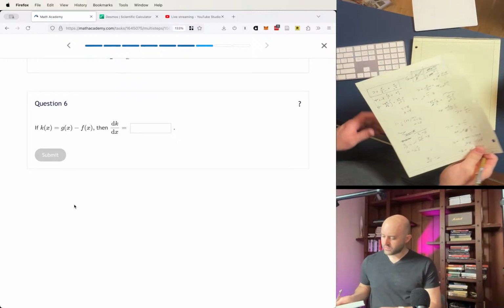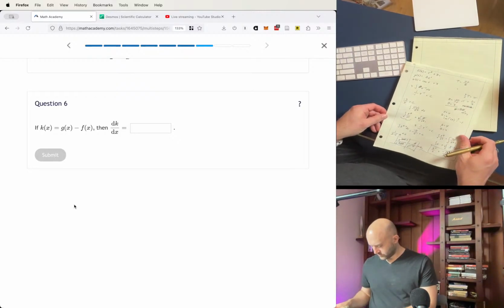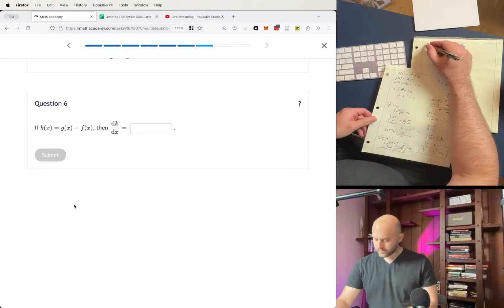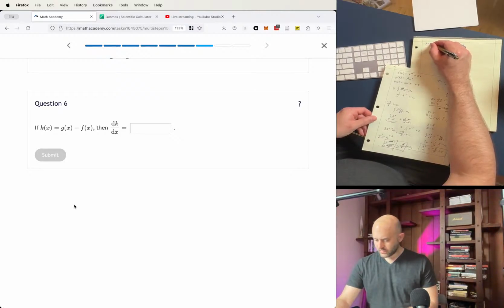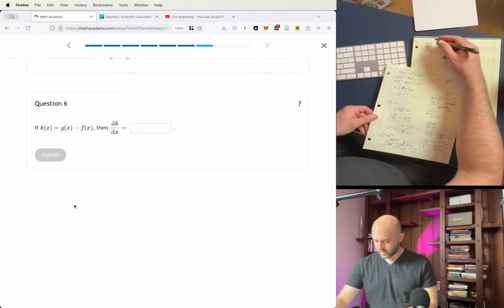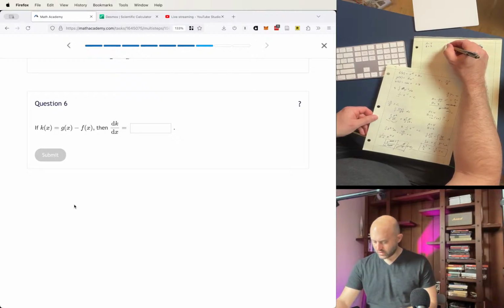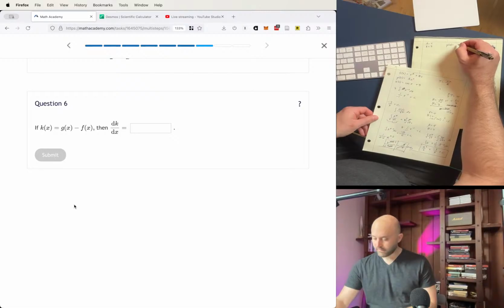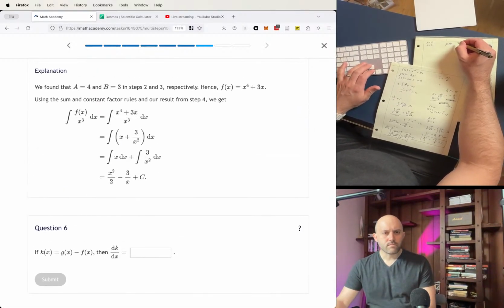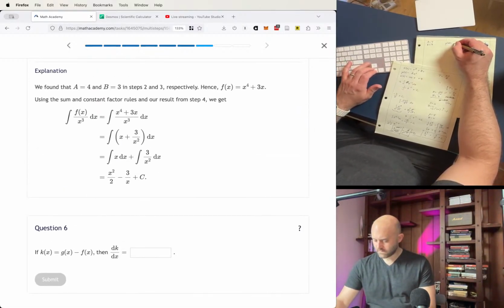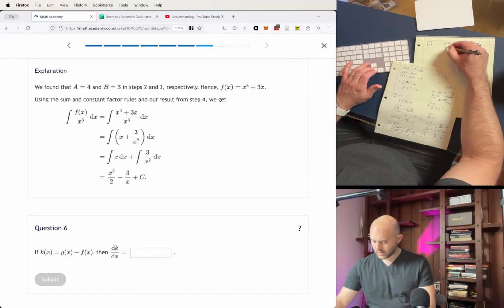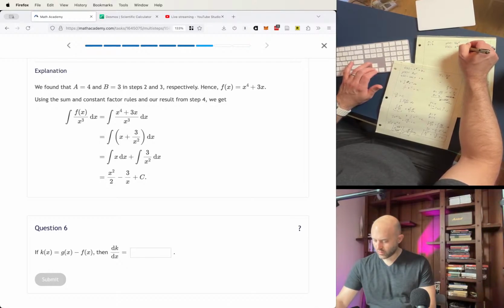Okay, so a equals 4, b equals 3, g of x is 4e to the x, f of x equals x to the 4th plus 3x.